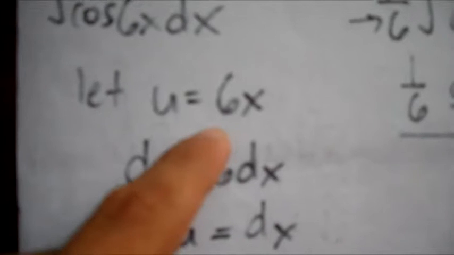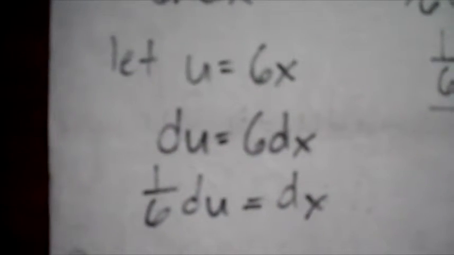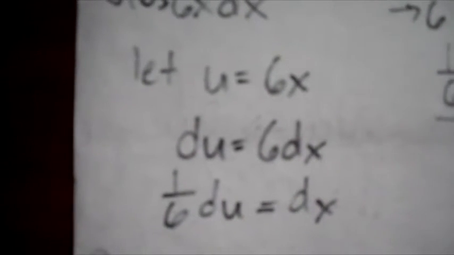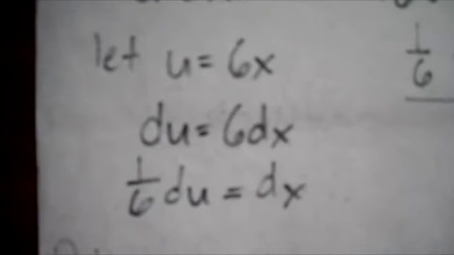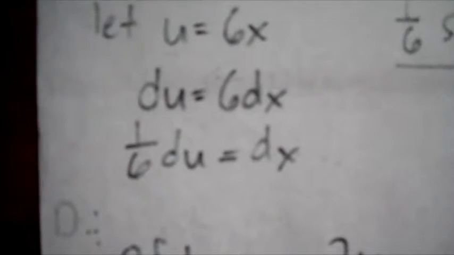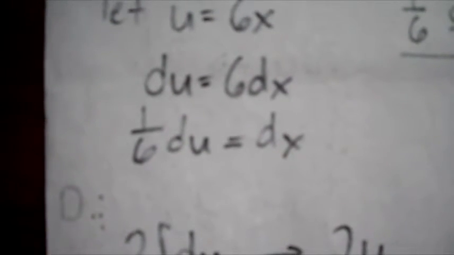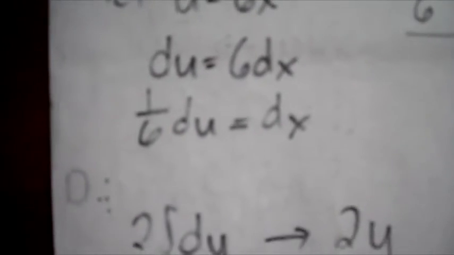So we let u equal 6x, and then getting the derivative, du is equal to 6 dx, and dividing both sides by 6, we get 1/6 du, which is equal to dx. Substituting it, we get 1/6 the integral of cosine u du, and the integral of cosine is just equal to sine, so we get 1/6 sine 6x. So this is the solution for C.